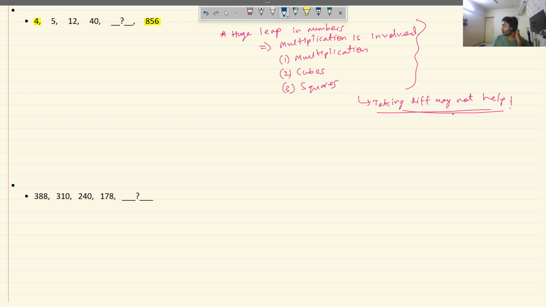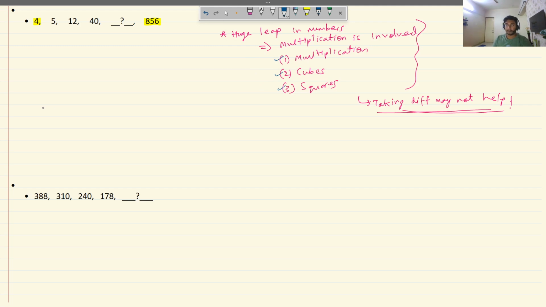It may be involved where we take the difference and the difference follows some multiplication or cubes or squares patterns. But this is for sure that whenever there is a huge leap in numbers, one of the three, multiplication, cubes or squares, is in the logic. Let's find out the logic.